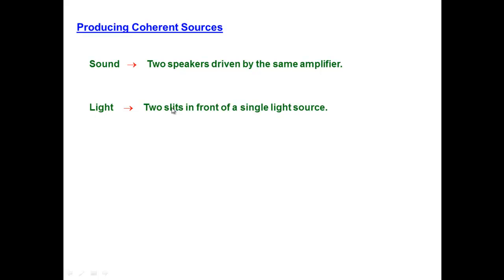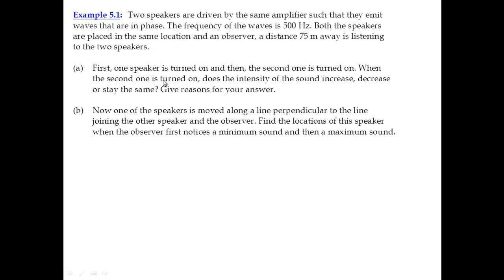That will make sure that the waves, when they enter those two slits, have phase relationships that stay the same, because they'll be coming from the same original source. So that's what we mean by coherence between sources: their phase relationships, whatever they are, stay the same all throughout their motion.